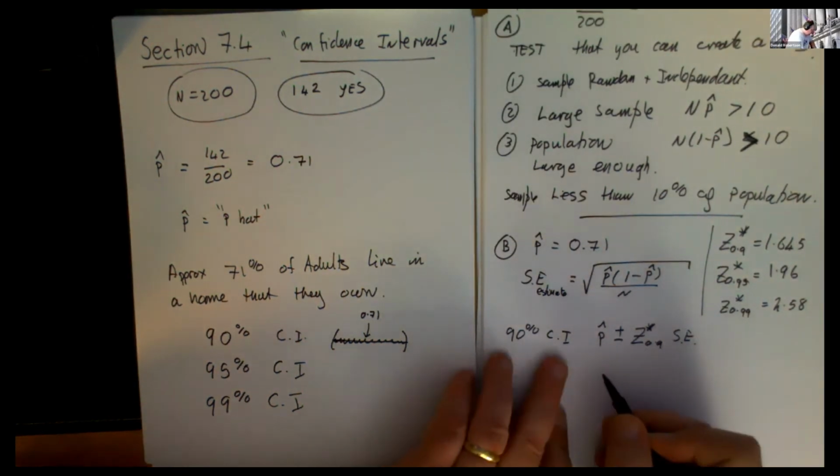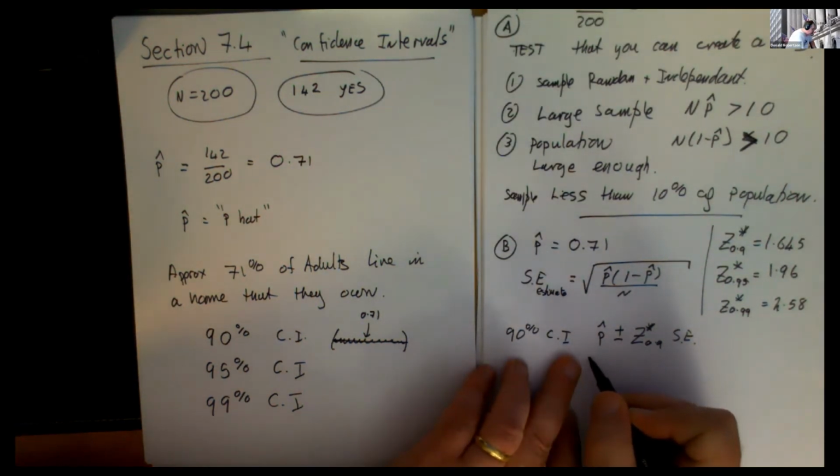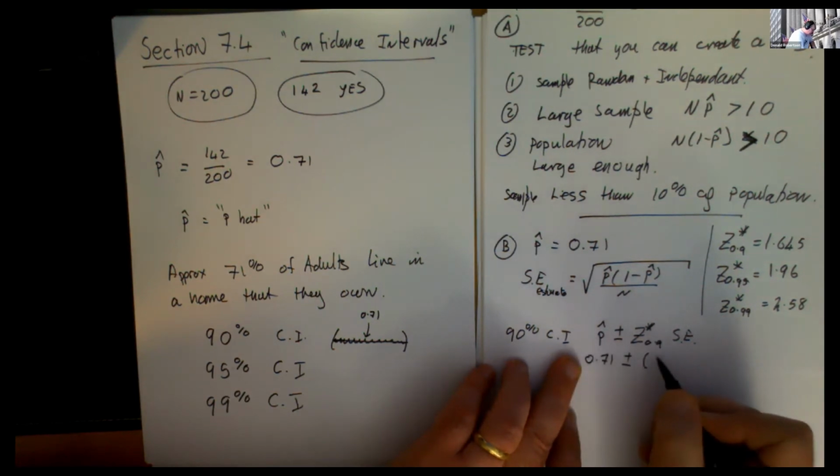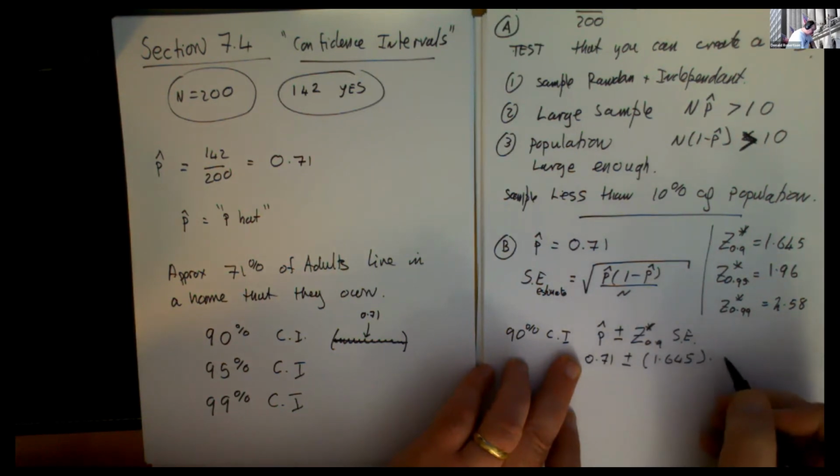So our 90% confidence interval is 0.71 plus or minus 1.645 times the standard error.